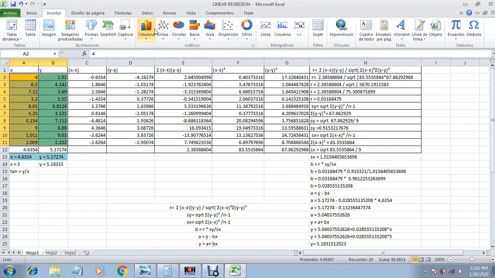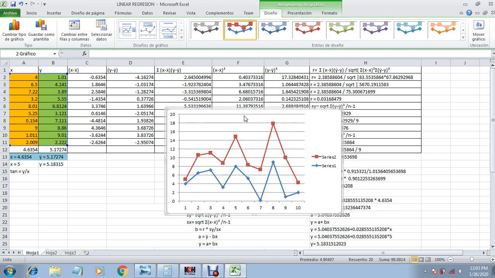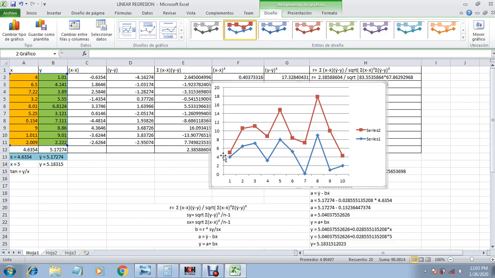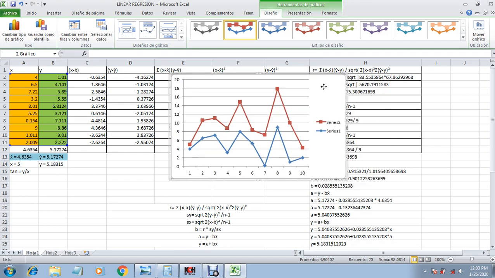And then I am going to use our graph. This is our graph for these 10 numbers, x and y. Our point in x is at 5. Another point in y is at 5.17, 5.18, sorry.